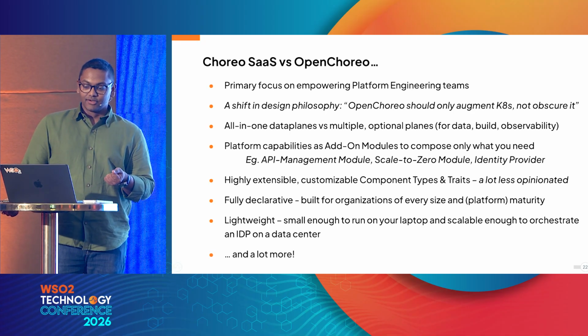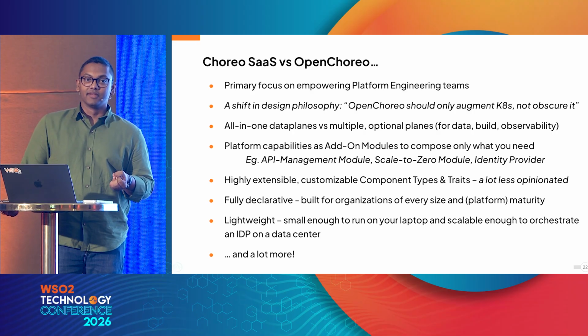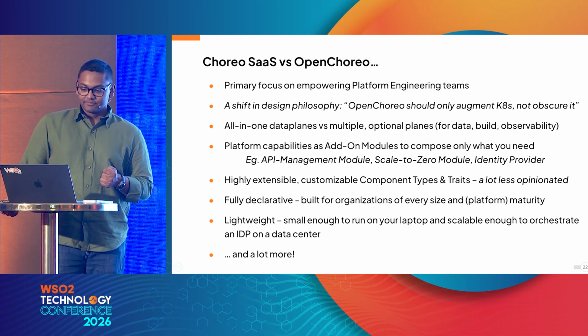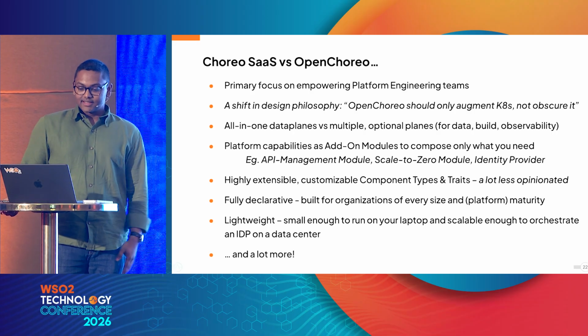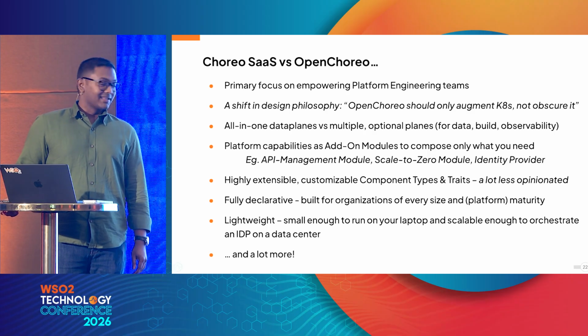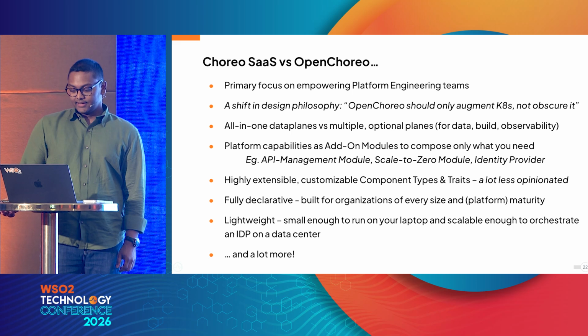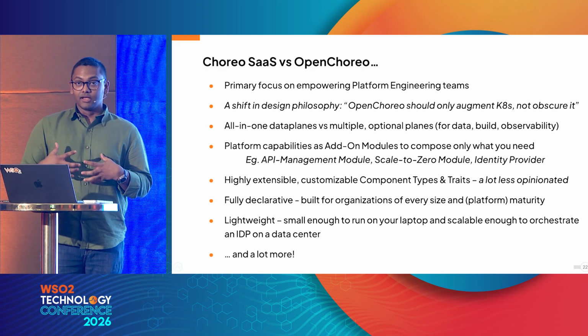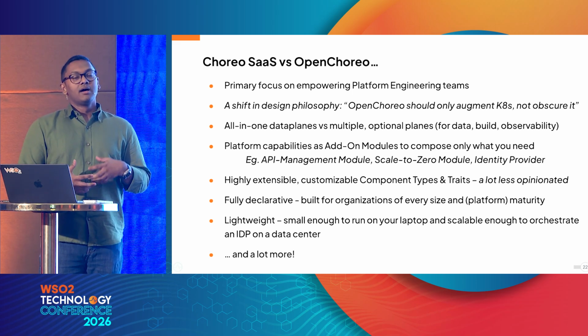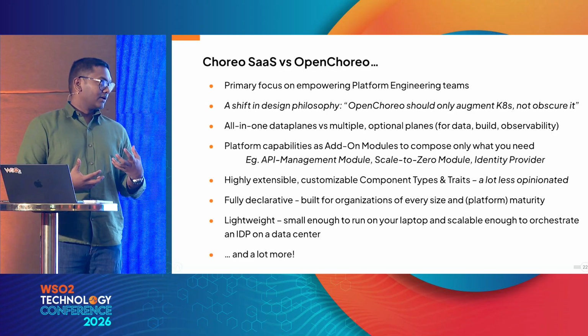I mean, you can run it on your laptop, which was not something that was possible on the SaaS offering, right? Again, you can go through the list, and I'm sure you can see the pattern here, right? And this is why OpenChoreo is a rewrite. Just building on the things that worked for Choreo and also working on things that didn't work so well.